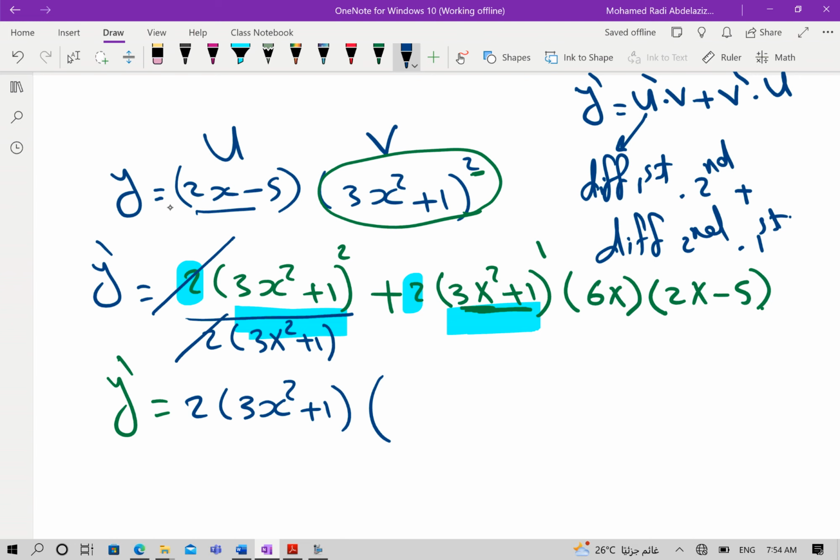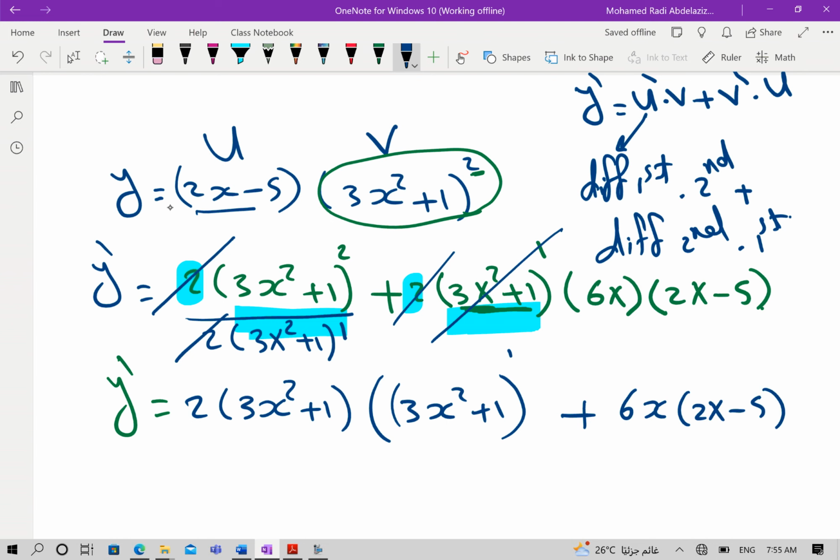3x squared plus 1 all squared divided by 3x squared plus 1 all power of 1, we subtract the power. So the answer will be 3x squared plus 1 whole power of 1, plus 2, 3x squared plus 1 taken outside. So 6x times 2x minus 5 left.